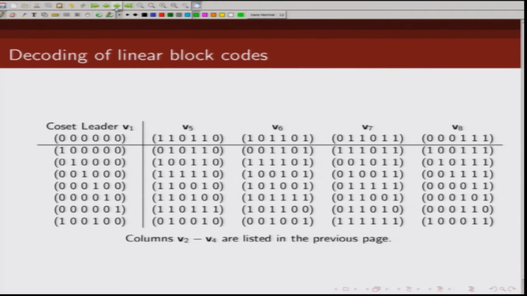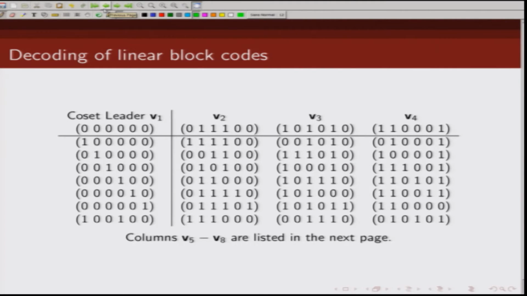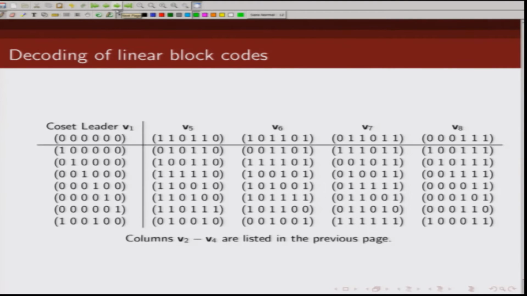Since I could not fit in all the columns in one slide, I have continued it here. So, I had up to V1, V2, V3, V4, and then V5, V6, V7, V8. So, these are my 8 code words for this 6-3 linear block code.